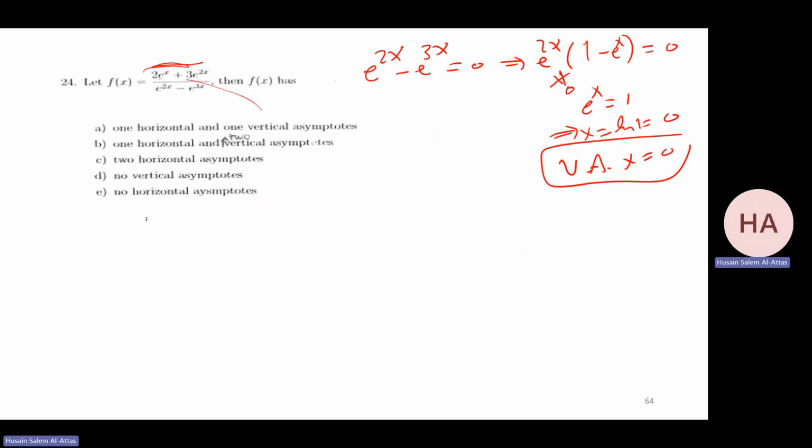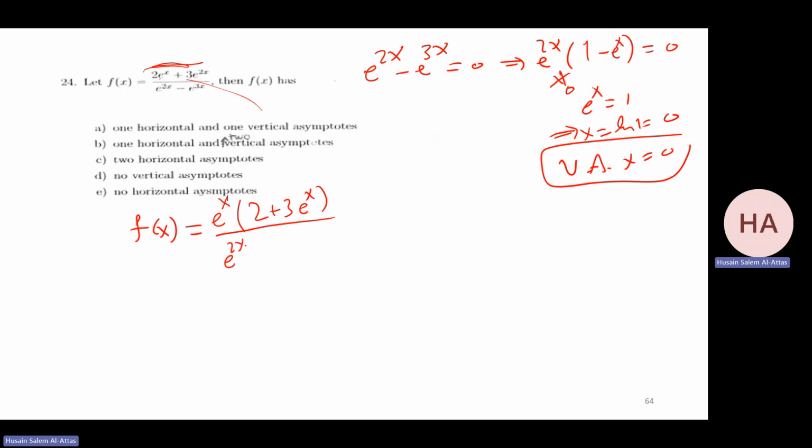Horizontal asymptote, I need to check the limit as x goes to infinity and minus infinity. Oh, x goes to minus infinity, easy one. No, it will not be easy. So I need to simplify the function first. Very clear. I can take e^2x in the numerator: you have 2 plus 3a^x.